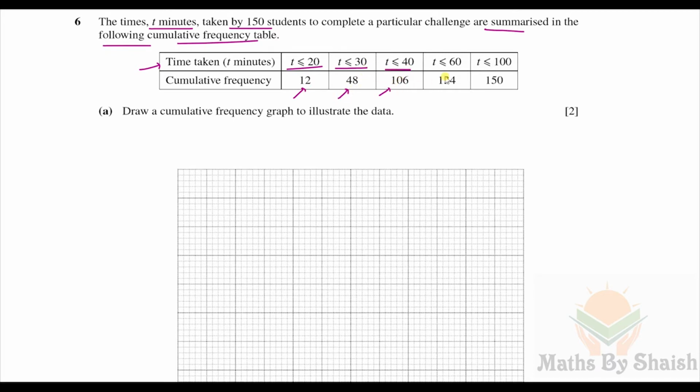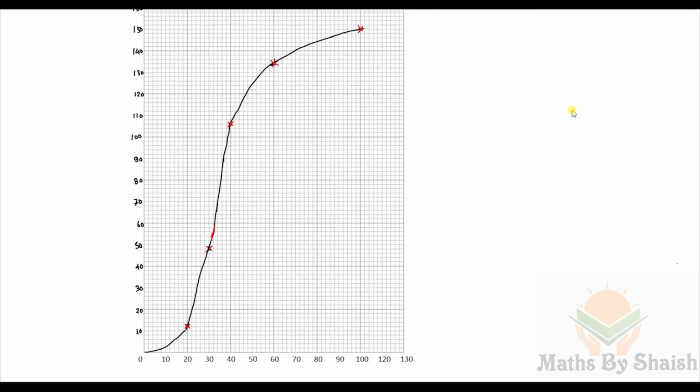Less than or equal to 40, it is 106, less than or equal to 60, it is 134, and less than or equal to 100 minutes, it is 150. And here is the cumulative frequency graph of these values. We need to only take care of these points, and the curve should pass through all the given points and be a smooth, continuous curve.